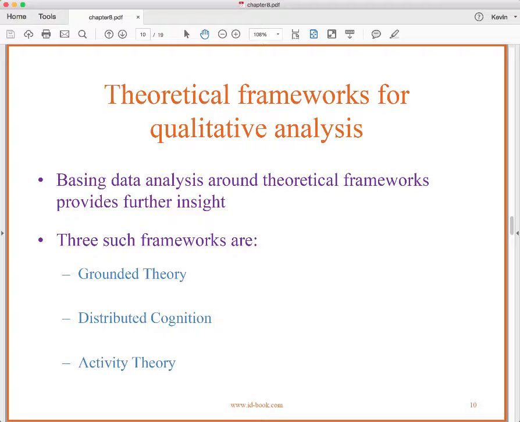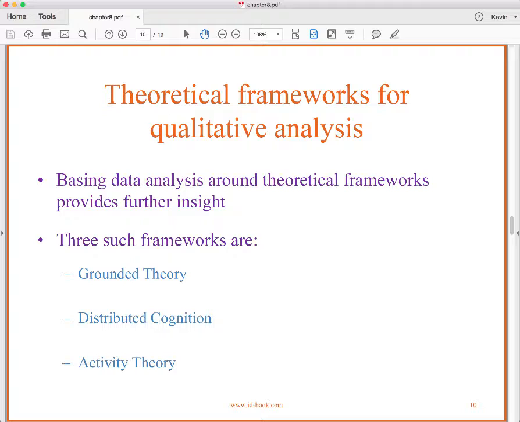So there are three that we talk about that are very popular in social science research. A really important one is grounded theory. It's used in a lot of social science research of all kinds, including human-computer interaction.